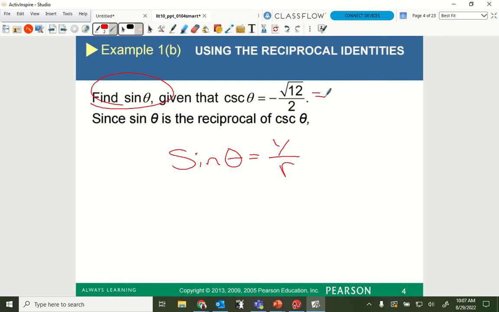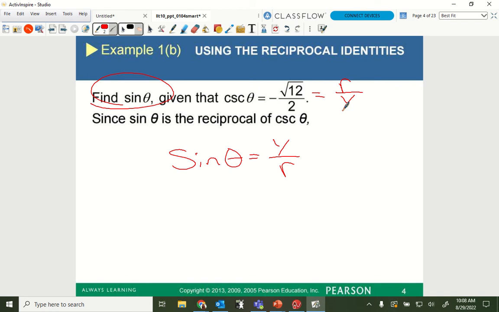What does cosecant represent? R over Y. Cosecant is R over Y. Anyone here getting lost? Okay, you guys understand. This is straight from the table on 1.3.